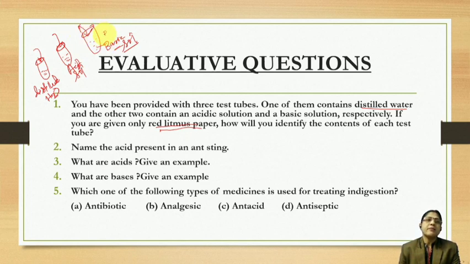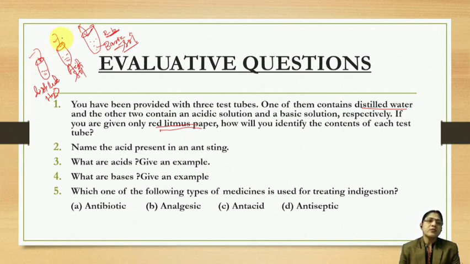So red litmus will be blue in basic solution. We will dip it into the solution in which red turns blue. That test tube will contain the basic solution. Then we got blue litmus paper, and the rest 2 test tubes will be left.